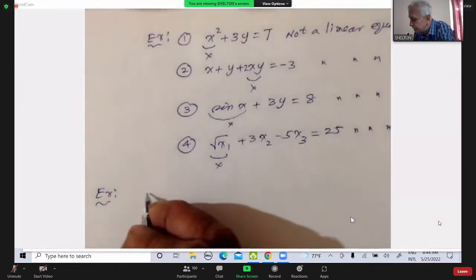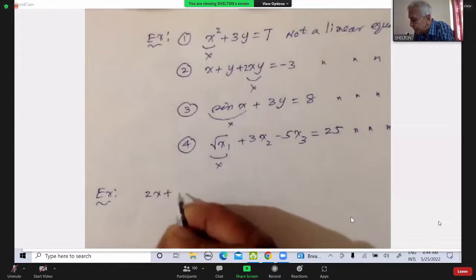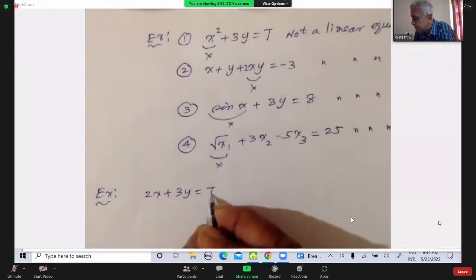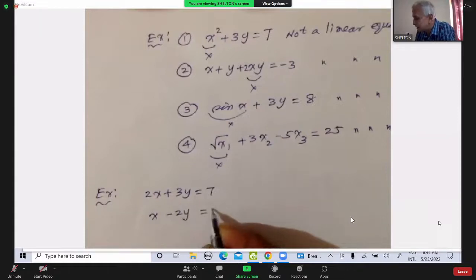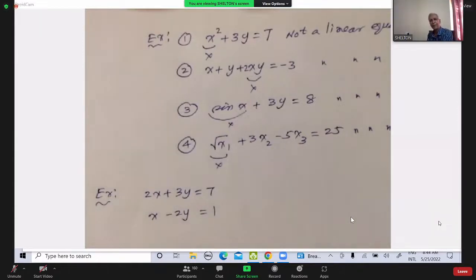Example, consider this: 2x plus 3y equals 7 and x minus 2y equals 1. What have I done? I have written two linear equations, like in O level. So we say it's a system of linear equations. I'll define the system of linear equations in general.